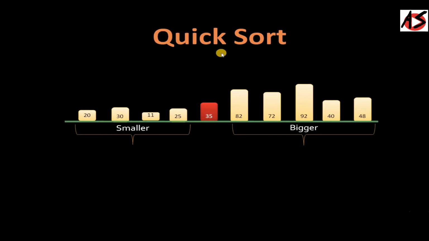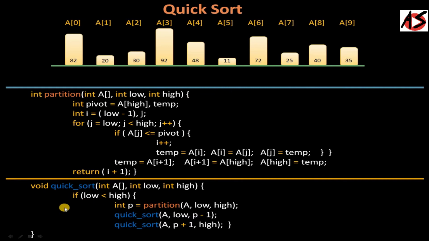So let's see the algorithm of quick sort. Here we have a quick sort function, and in the quick sort function we have another function called the partition function. The partition function gives us the index, that is, the final position of the pivot element.